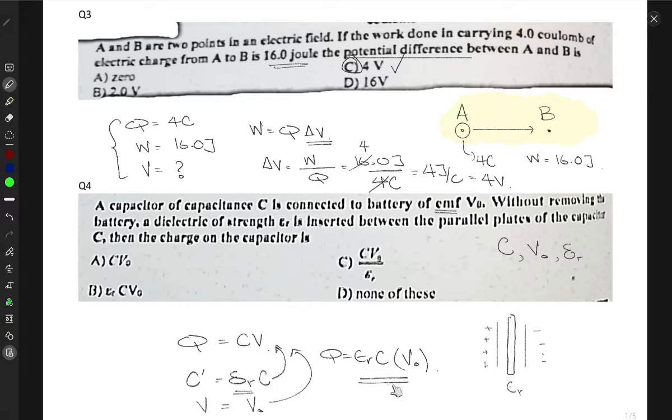So that's the charge on the capacitor. So we can see that the charge on the capacitor is from all of these options, it should be the product of all these quantities, and that's option B, right? So we have epsilon R times C times V naught. So the correct option is option B.